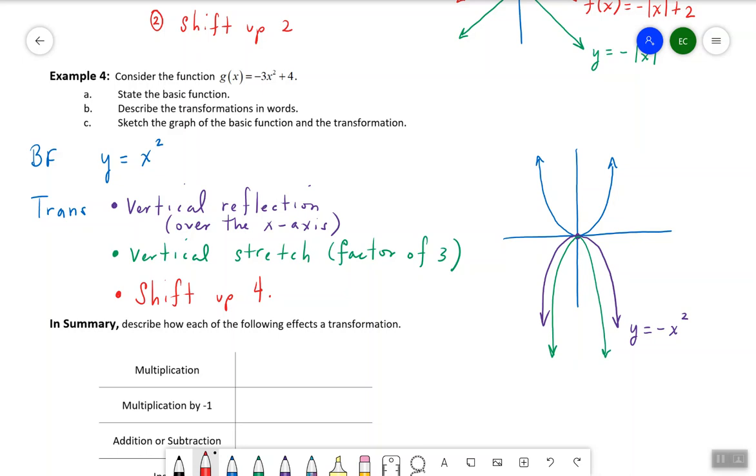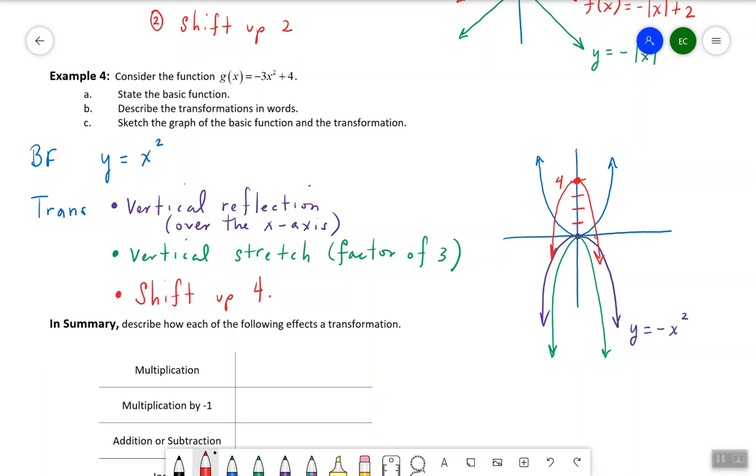And then the last thing to do is to shift this up 4 units. So we can go 1, 2, 3, 4. We can plot the new vertex, and then we're going to try to preserve that same shape from the green graph.